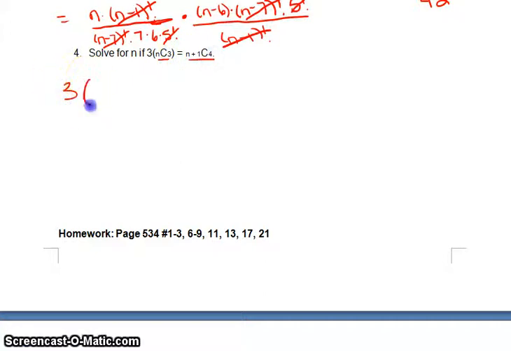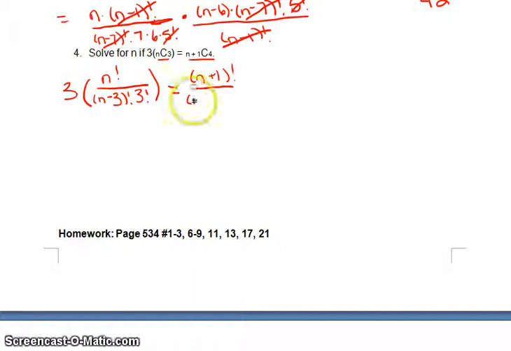So we have n choose 3, so it'll be n factorial, divide that by n minus r, which is 3, factorial, times that by r factorial, and that is equal to n plus 1 choose 4, so it'll be n plus 1 factorial, divide that by n plus 1 subtract r, factorial, and times that by r factorial.